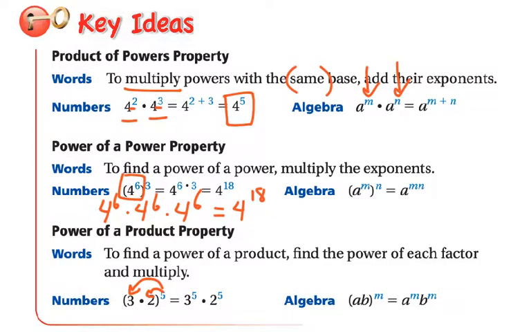So to simplify it, we would have 3 to the 5th power and 2 to the 5th power, and they'd still be multiplied together. If you're taking the power of a product, meaning taking the power of more than one thing being multiplied together, we just make sure that that exponent gets distributed to everything else. Let's go ahead and take a look at these in some examples.